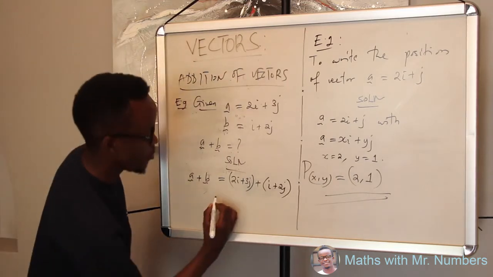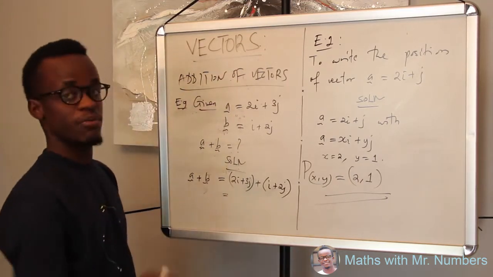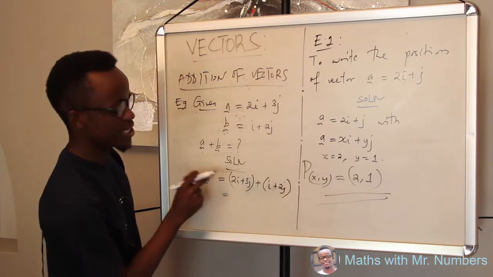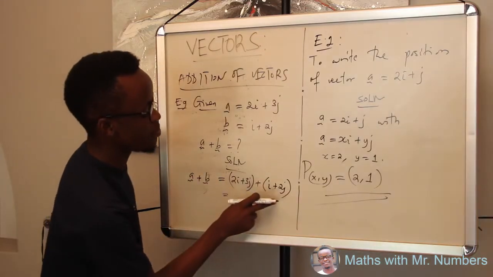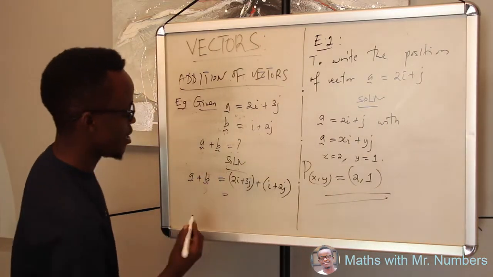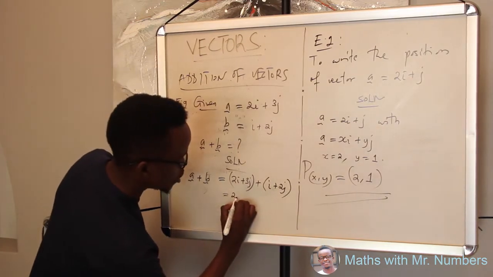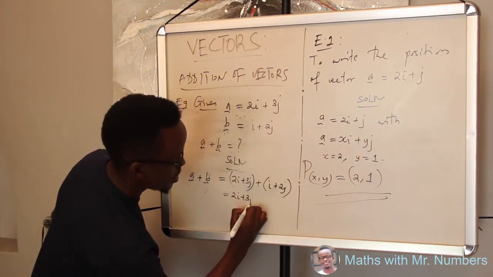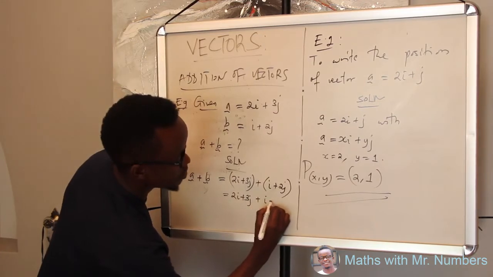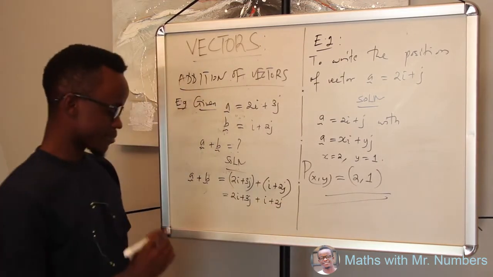After that, you open the bracket by the number outside the bracket. The number outside the bracket of vector A is 1, and the number outside the bracket of vector B is 1. Therefore, we get 2i plus 3j plus i plus 2j.